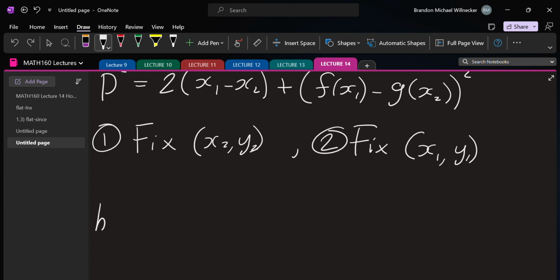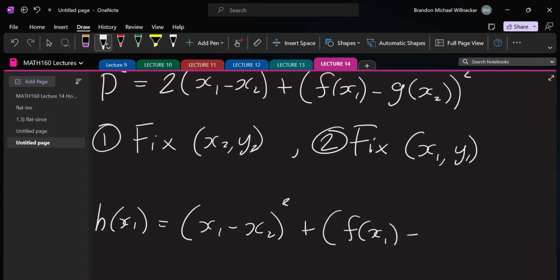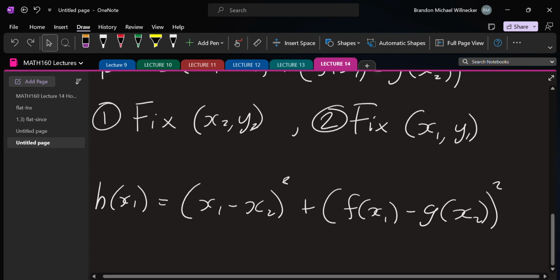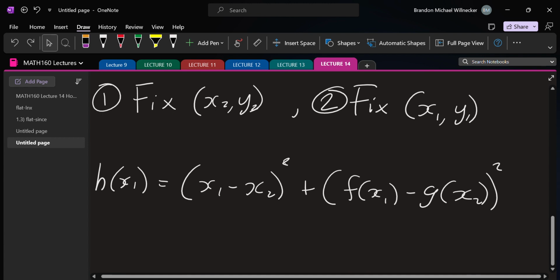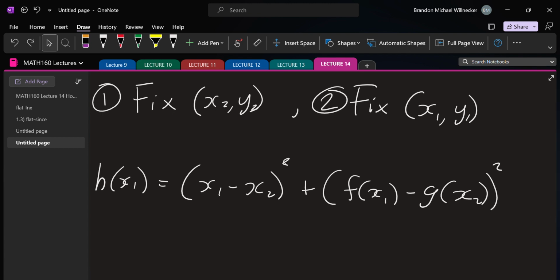Okay, so let's call this, we used f, let's call it h. H of x1 is going to be x1 minus x2 squared plus f of x1 minus g of x2 squared. Let's not do the derivative yet. So that's just h. We want to now find h prime.